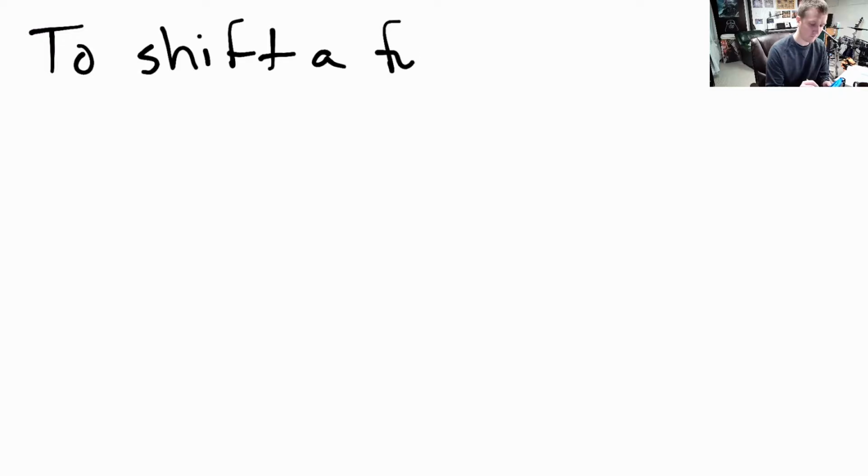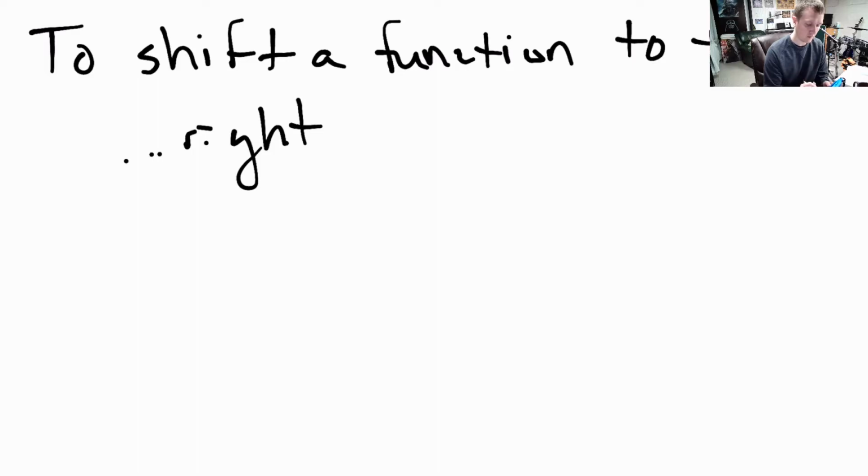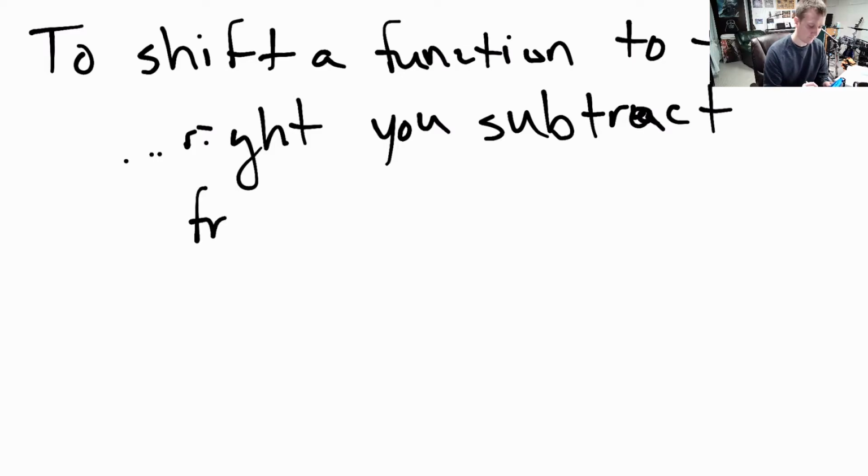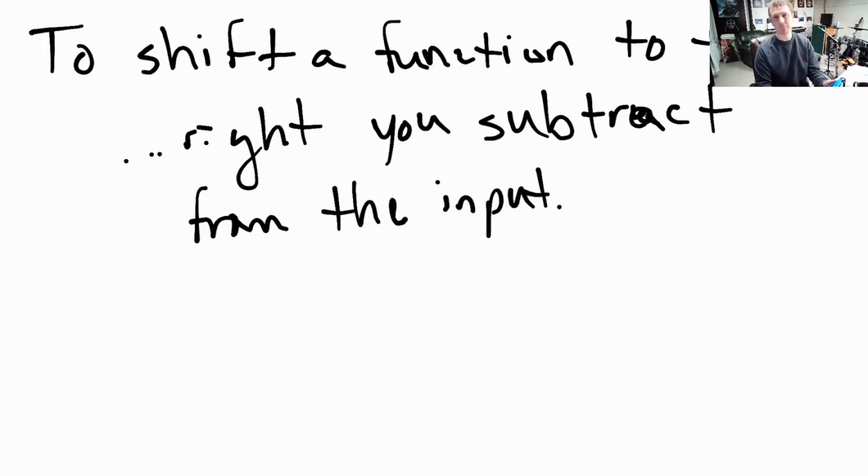To shift a function to the right, like we did before, you subtract from the input. That's it.